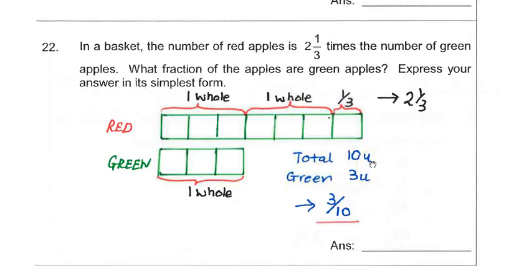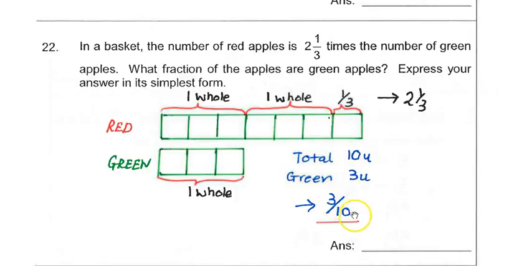You are required to find what fraction of the apples are green apples. All the apples, there are 10 U's. Green apples, there are 3 U's. So the fraction of green apples to the whole of all the red and green apples is 3 over 10.